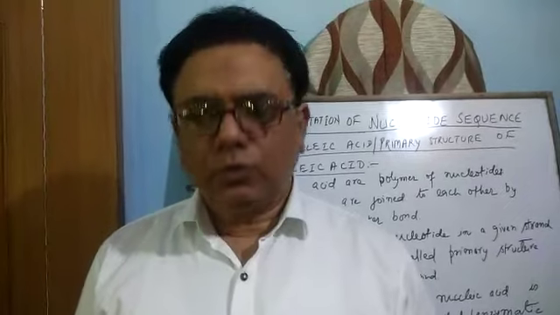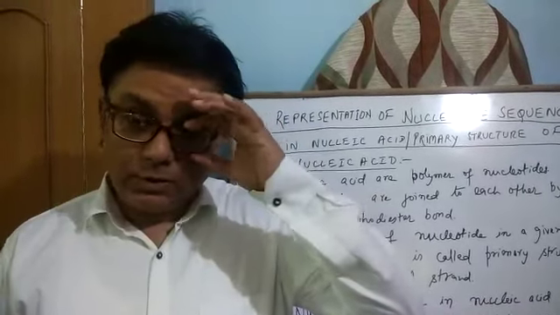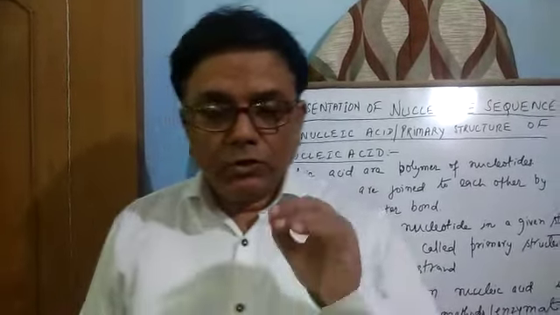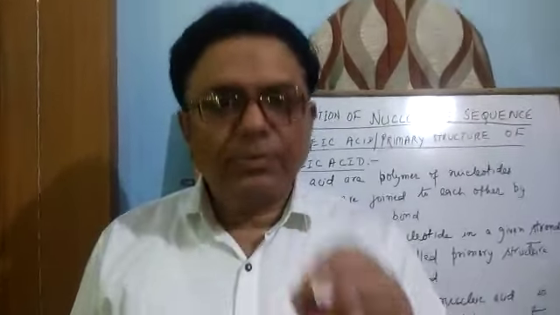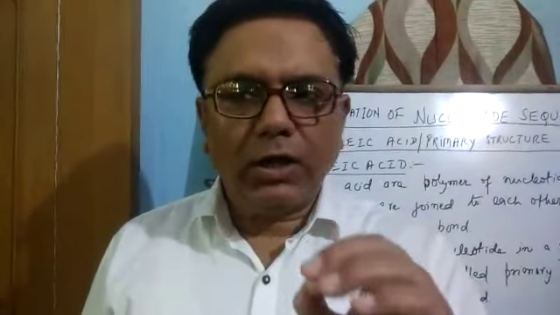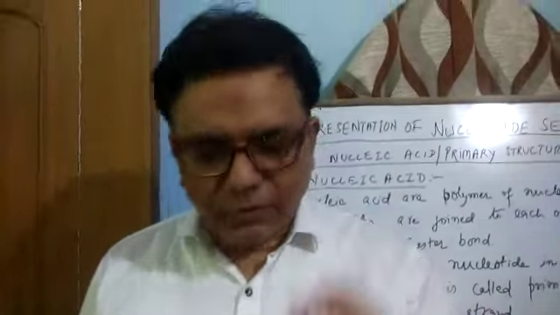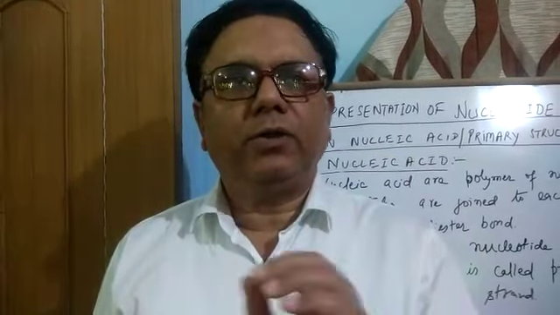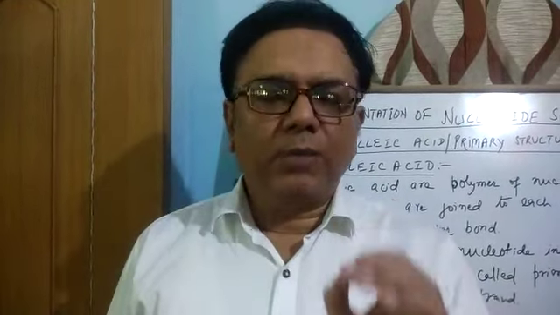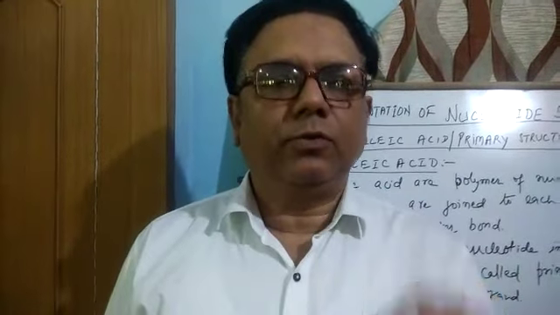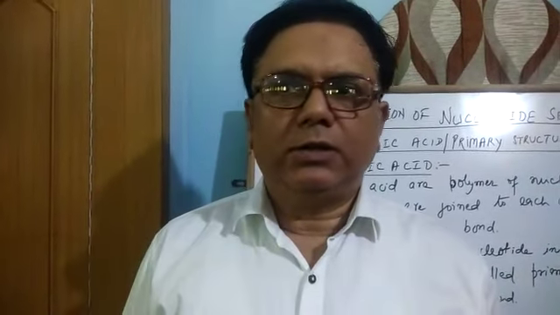Okay, so sequencing, how to determine sequencing? When you talk about the sequence of nucleotides in a nucleic acid, you are talking about the primary structure of the nucleic acid. The nucleotide sequence is called the primary structure of that nucleic acid or nucleic acid strand.